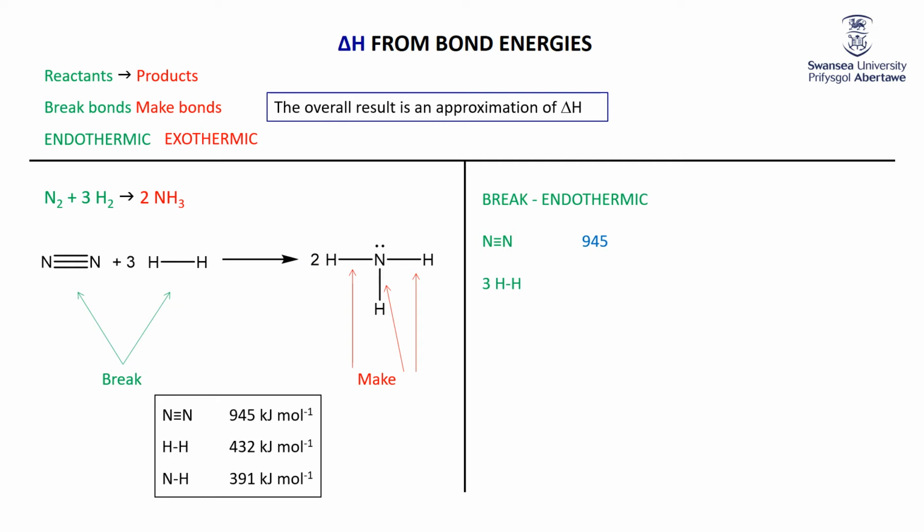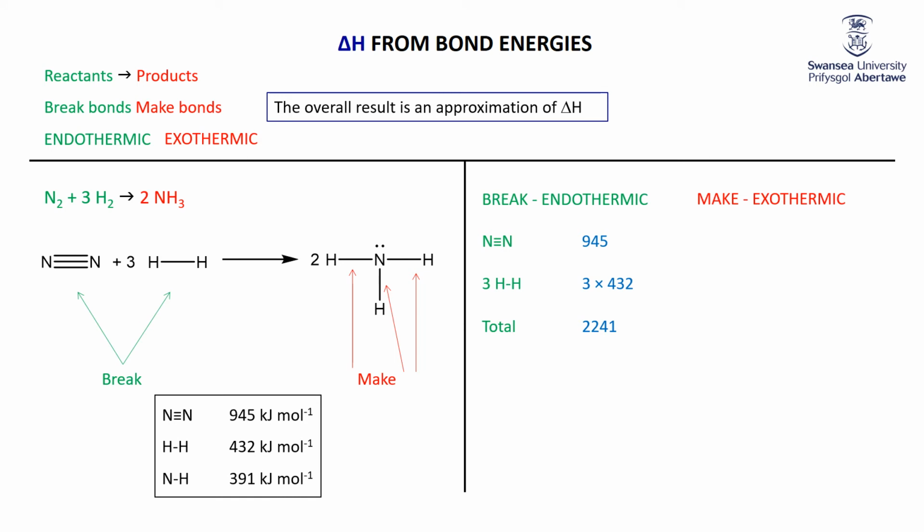So the energy required to break 3 moles of hydrogen-hydrogen bonds is 3 times 432. So the total energy that we have to put in to break all the bonds in the reactants is 945 plus 3 times 432, which is 2,241, and I strongly urge you to check that.